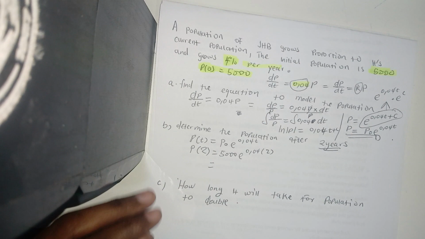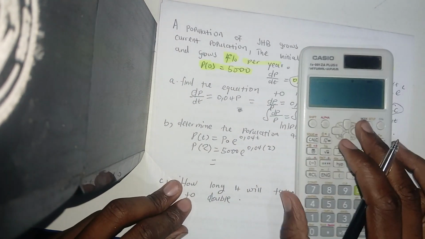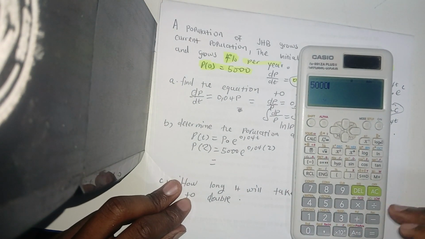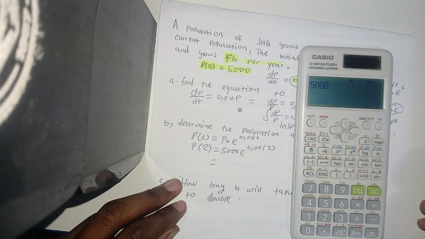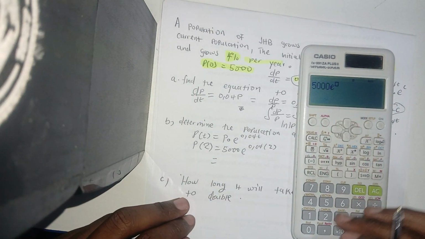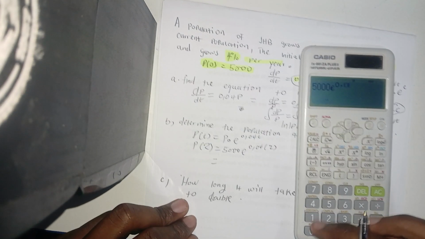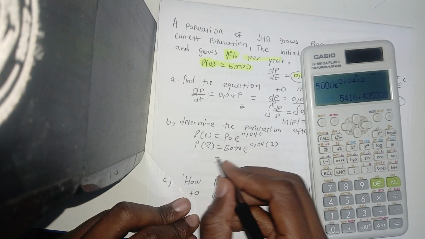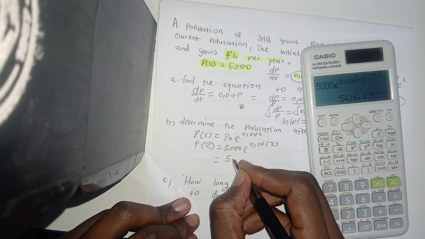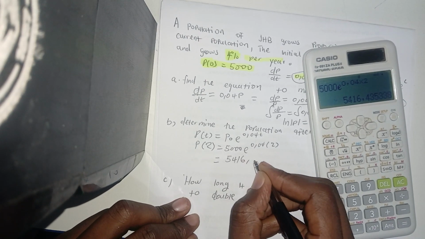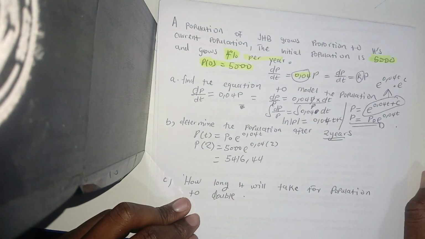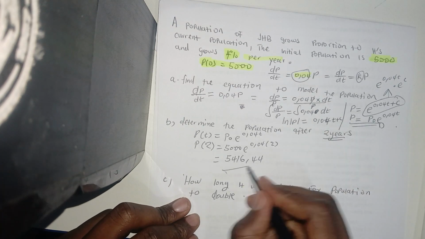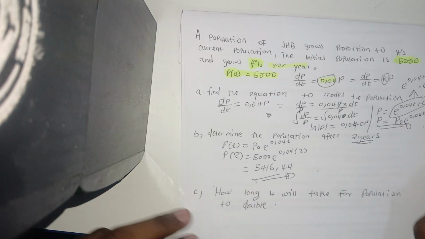Then from there we solve for the answer. So it's 5,000 e to the power 0.04 multiplied by 2, which is 5416.4. So this is the population after 2 years.